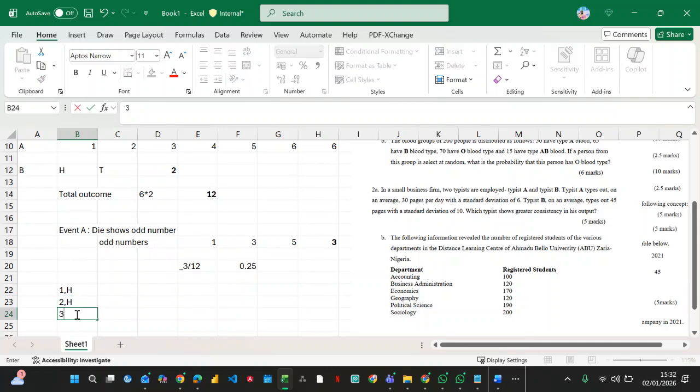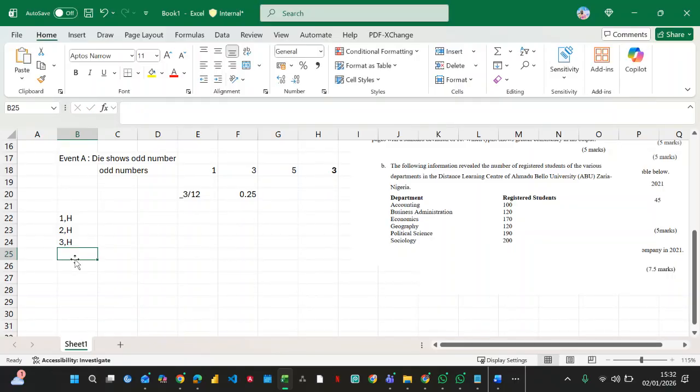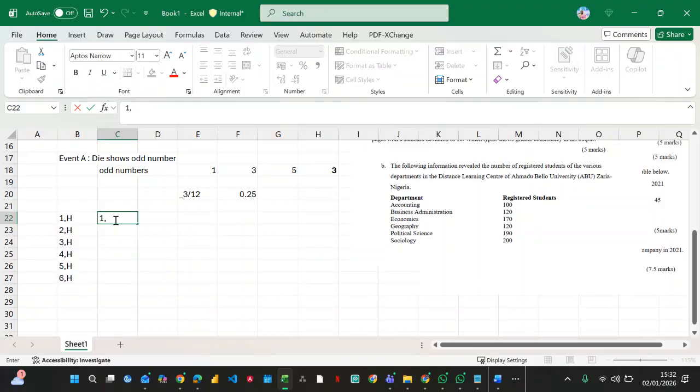So when I have one, that means I have one and I have head. I'll have two and I will have head. When I have three, I'll have a head. That is what this event means. If I have four, I have a head too. When I have five, I have a head.